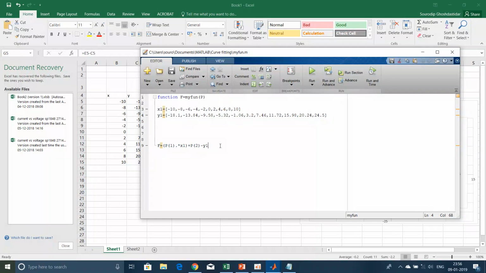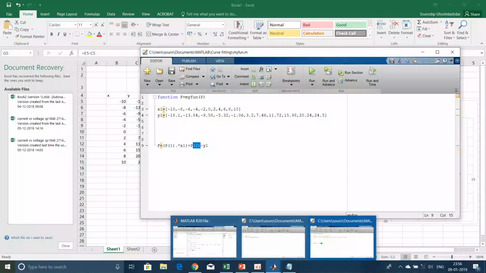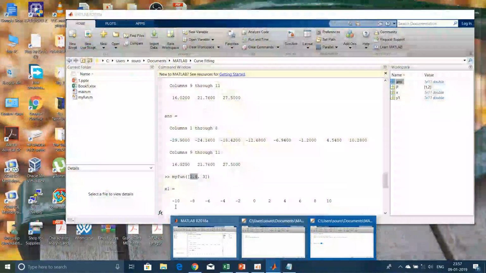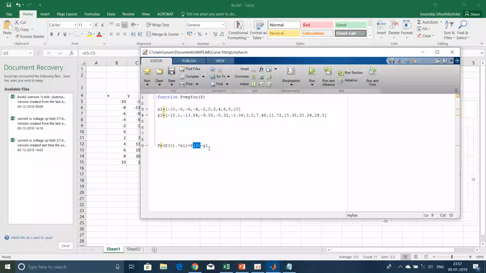So basically p1 and p2 are the inputs to the function myfun, and p1 is m in this case, and p2 is c in this case. So you get the differences between the model and the experimental data from this particular function.